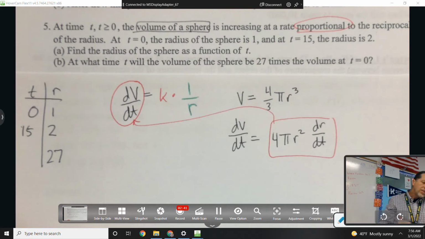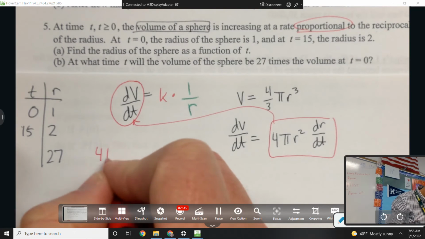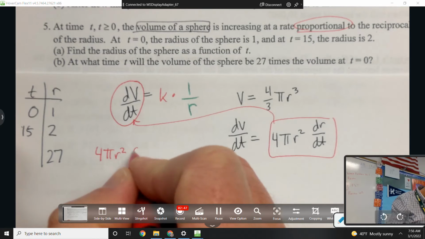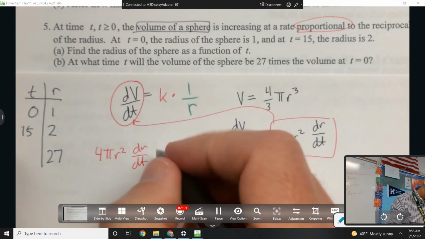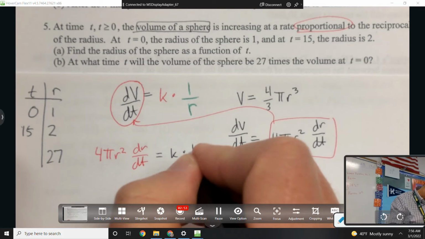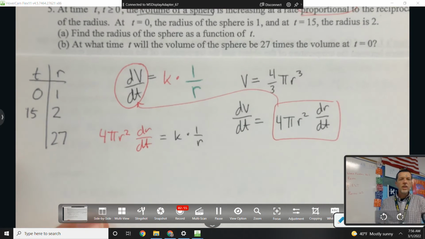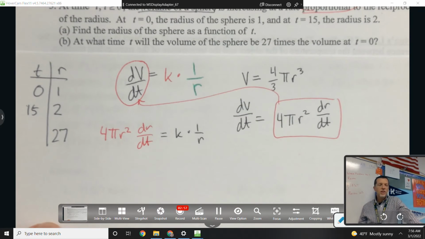So in place of dV/dt, we'll put 4 pi r squared dr/dt equals k times 1 over r. So yeah, number 5 is very different setup than the others.